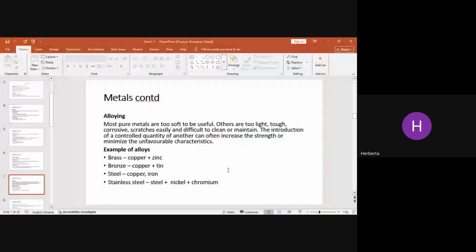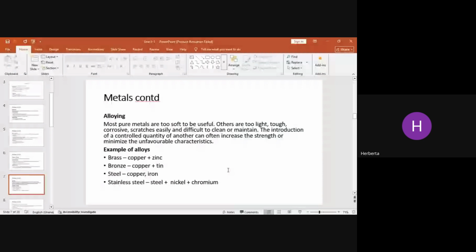So at times they are blended so that they can complement each other's characteristics for it to last long. Some metals are very shiny, others are dull. When they are mixed, they bring a blend of the two characteristics.